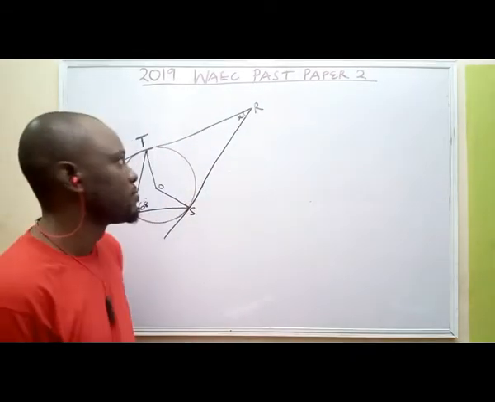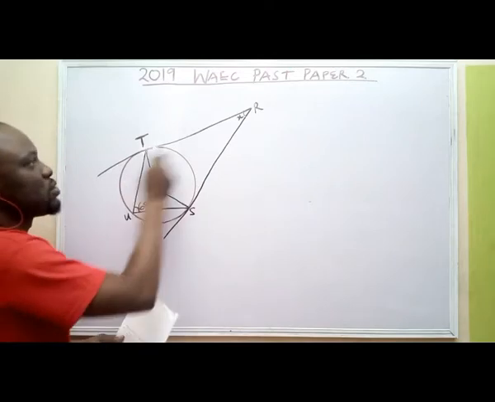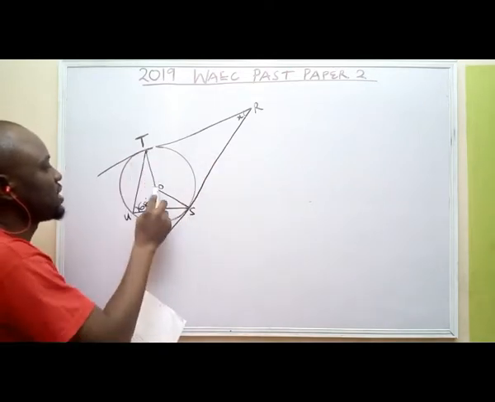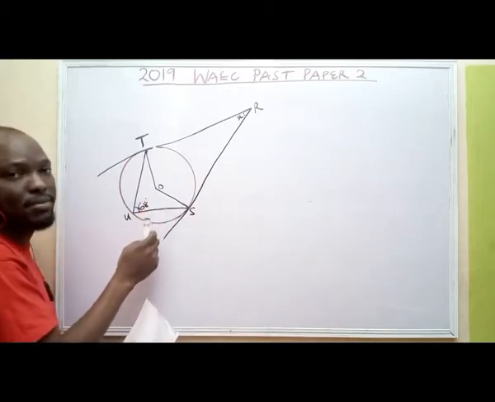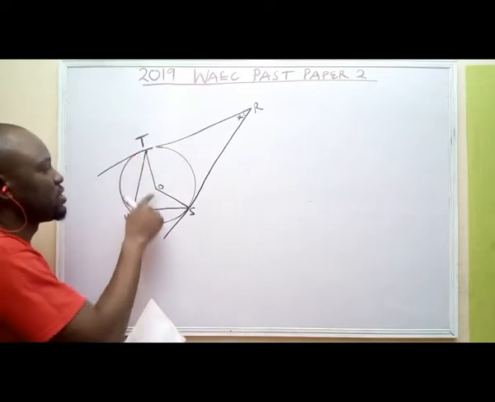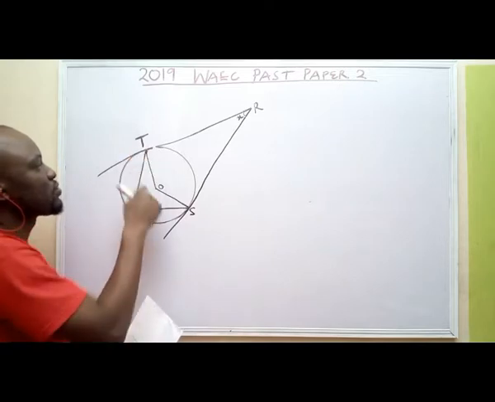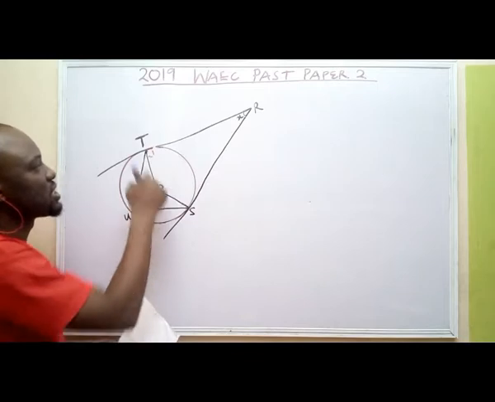Now if we look at this problem, we can see that we have two tangents. This is the point of contact, this is the point of contact, and this is the radius, because the radius is the line segment that runs from the center of the circle to any part of the circumference. From the center of the circle to the point of contact, you have a radius, and here we have 90 degrees to the tangent.